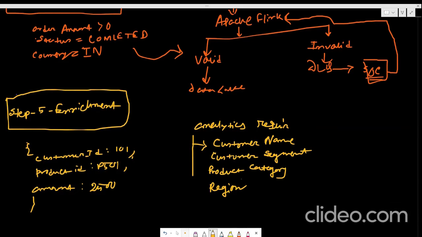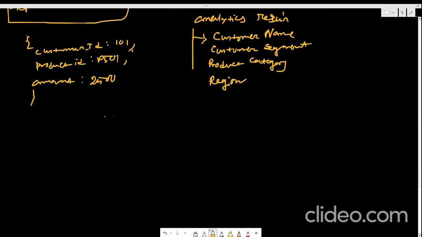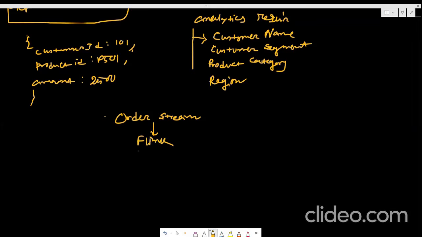How? Now see the flow. There is an order stream, and the data will be consumed by Flink. Next, there are several data sources, not only the order data. Suppose customer data is there, and there is product data.